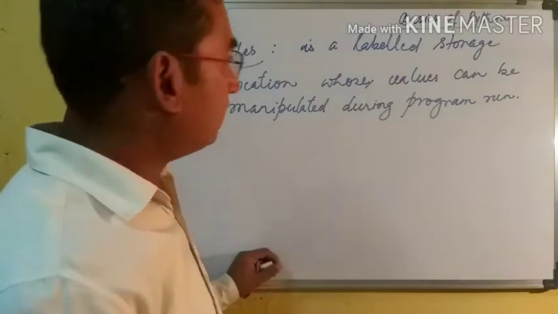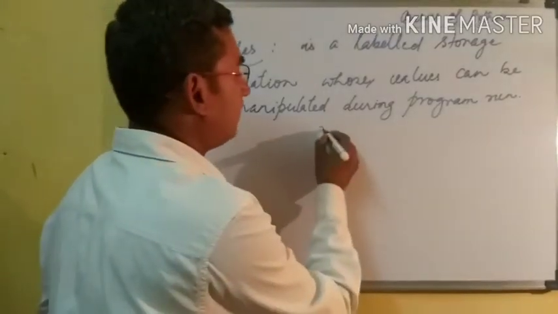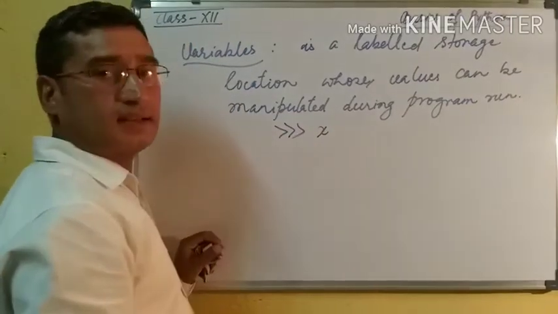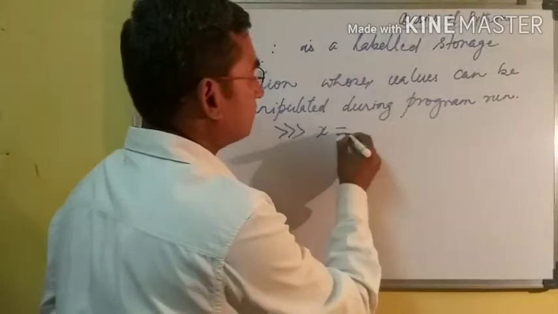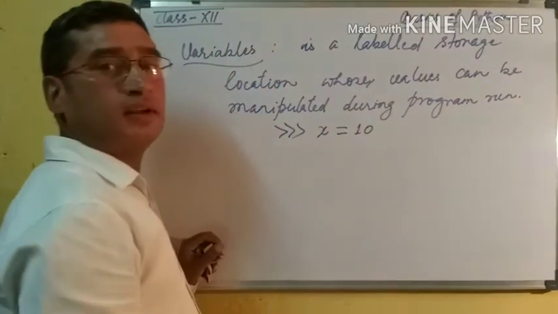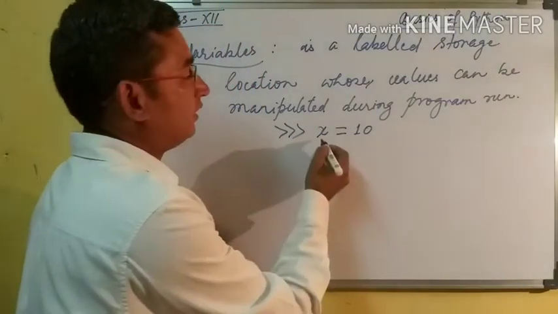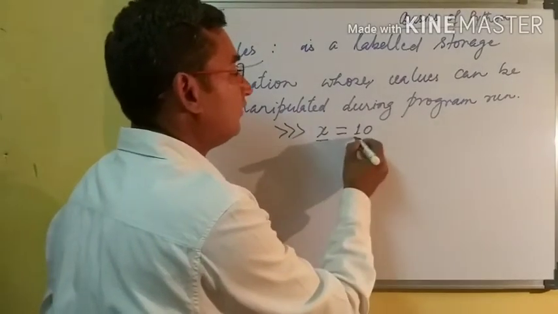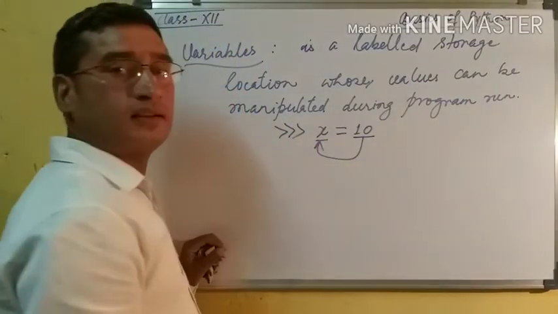To create a variable in Python, you just have to write any name, just like x I have written here, and assign it some value. It means now x is created, and in this x the value 10 will be assigned.